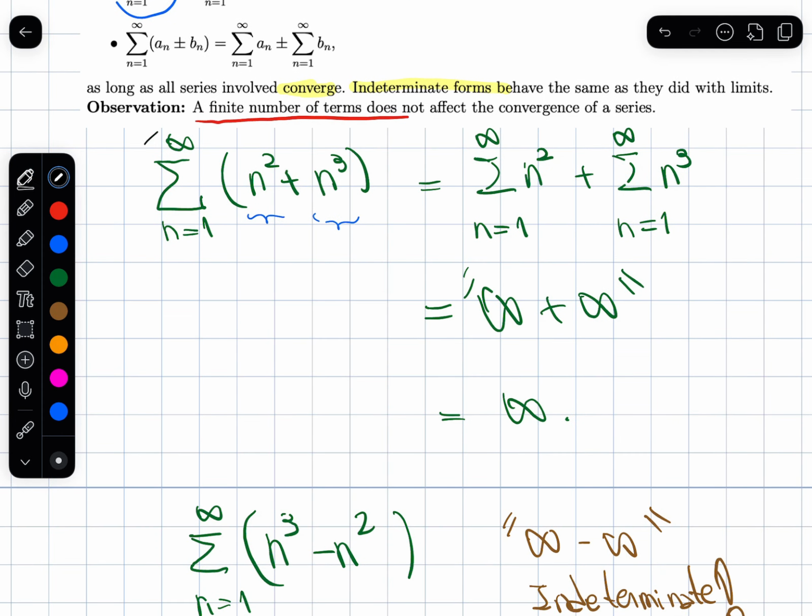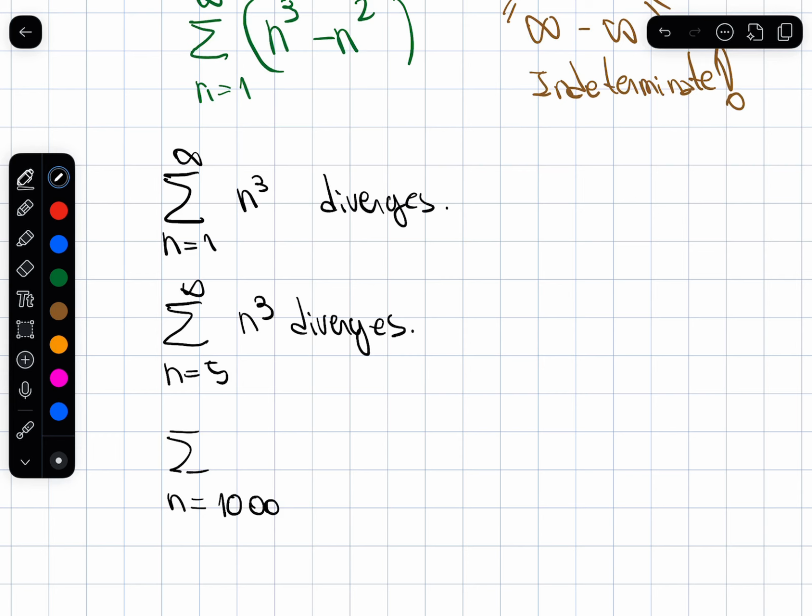So here, I know this one diverges, but it doesn't diverge because it starts at 1. It diverges because it goes to infinity very, very late. And so even if you start at 5, it will also diverge. And even if you start at 10,000 or something, it will also diverge.